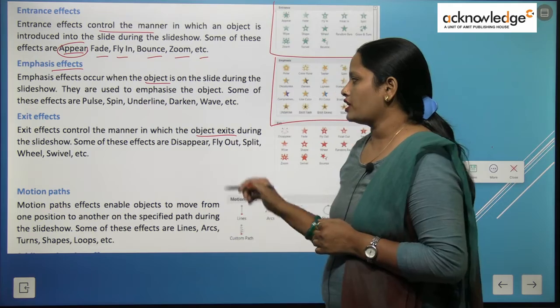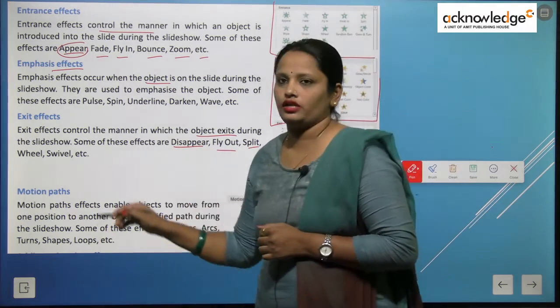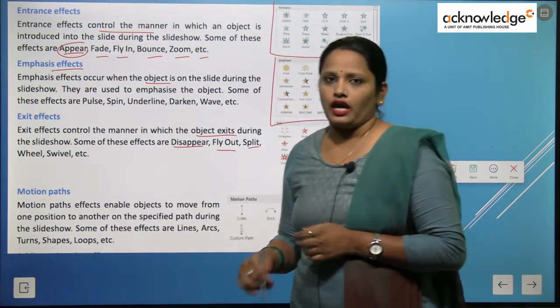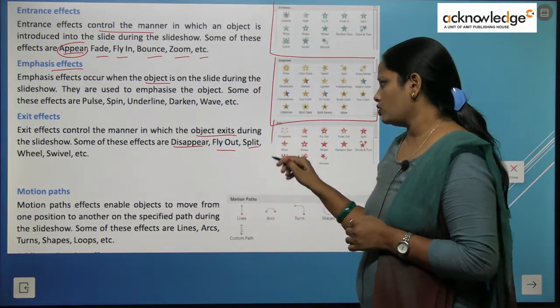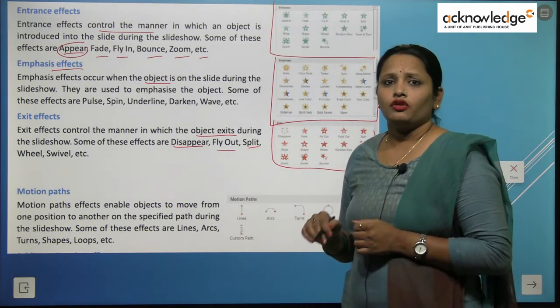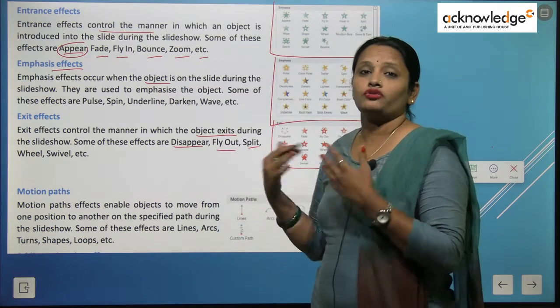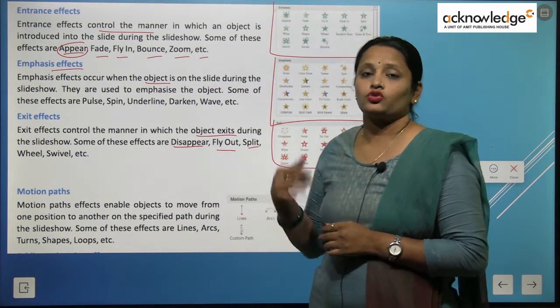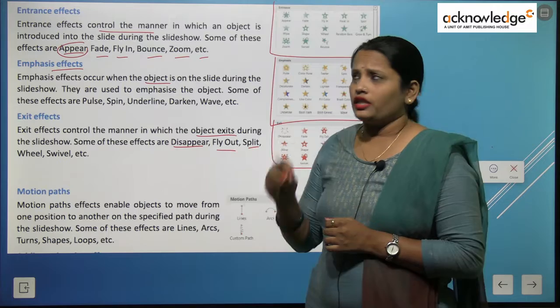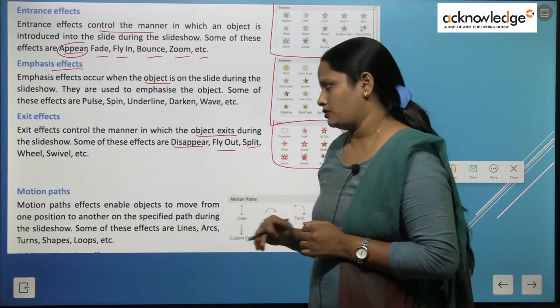Some of these effects are disappear, fly out, split, wheel, swivel, and so on. Here the examples of exit effects are given. We can only understand this if we try this in our presentation. So I am telling you that whatever we have learned here, please try on your presentation.